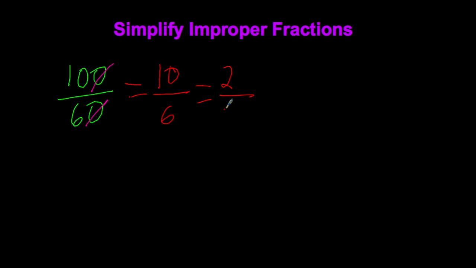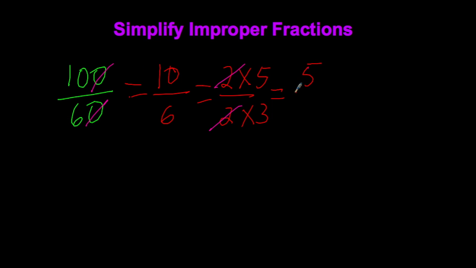So 2 is common. What number you multiply by 2 to get 10? 5. What number you multiply by 2 to get 6? 3. So now because the 2 is the common number, you cancel that.